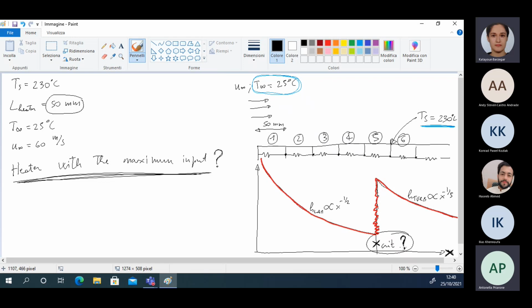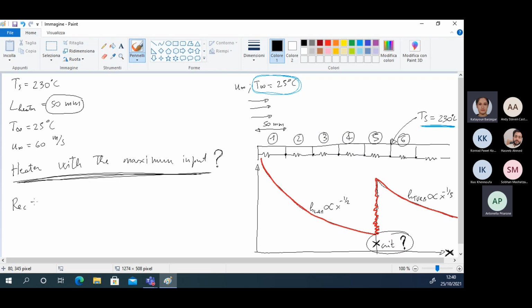We want to evaluate the position of x critical at the beginning. We know that Reynolds critical is equal to 5 times 10 to the 5, and this is equal to U infinite multiplied by x critical divided by nu.